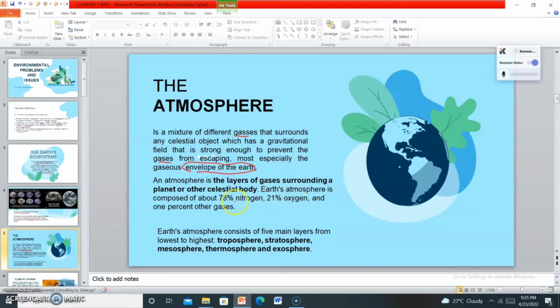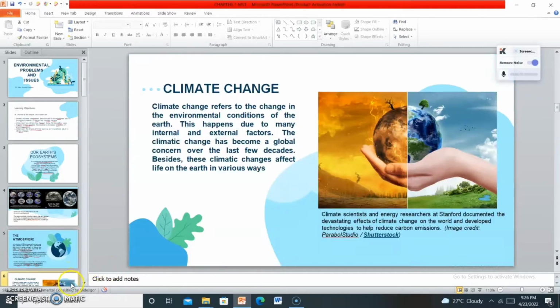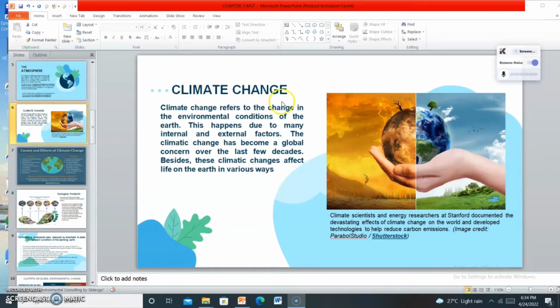Our Earth's atmosphere is composed of about 78% nitrogen, 21% oxygen, and 1% other gases. Our atmosphere consists of 5 main layers, from lowest to highest: troposphere, stratosphere, mesosphere, thermosphere, and exosphere.